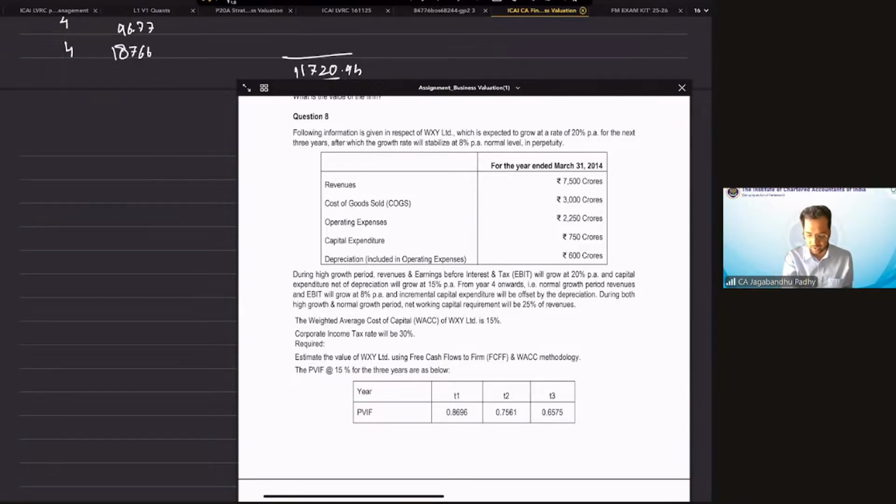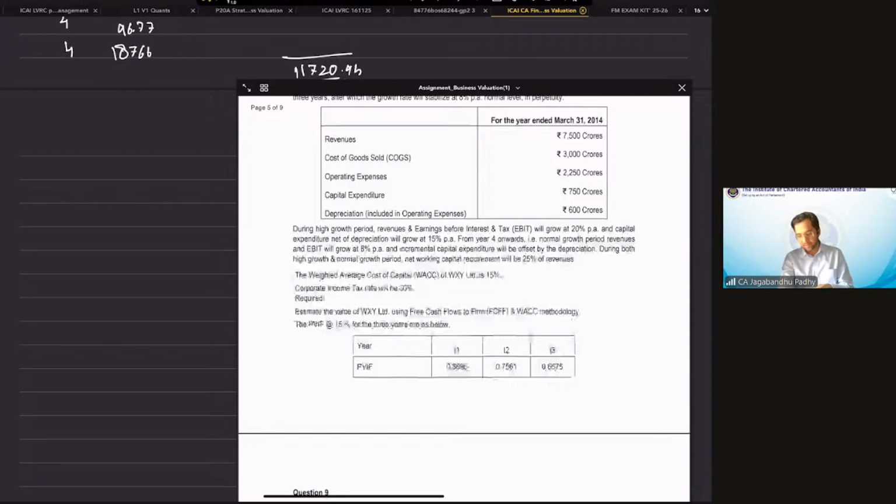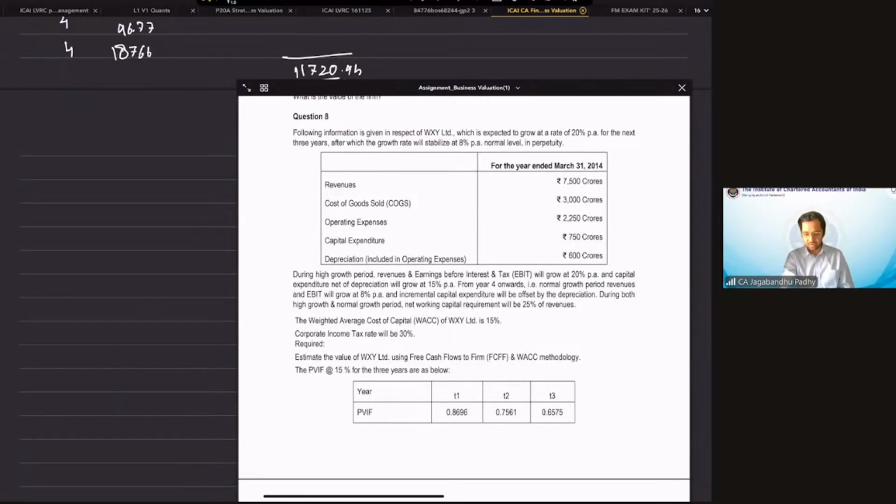Year 4 onwards, a normal growth rate is going to be there, and depreciation and capex are going to offset each other. During both high growth and normal growth, working capital will be 25% of revenue. WACC is given as 15%, and the corporate income tax rate is 35%. We have the PV factors available for years 1, 2, and 3, and we have to estimate the value of the company using free cash flow for the firm and WACC methodology.